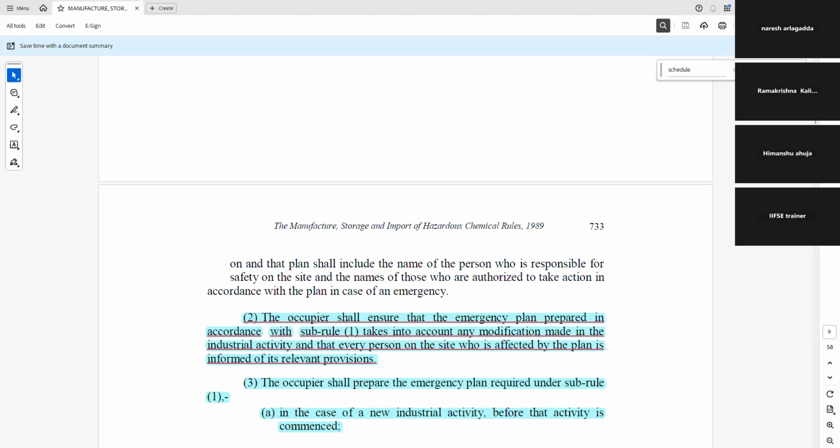So ultimately, the occupier will be the responsible or accountable person in case of any emergency. Then also a set of people, incident controller, site controller, will have the authority to take actions in the case of an emergency, which is nothing but roles and responsibilities of a certain set of people. For example, we have the ERT team coordinator, site controller, incident controller, the licensing department, HR team, and what they will do. Such roles and responsibilities also have to be defined.